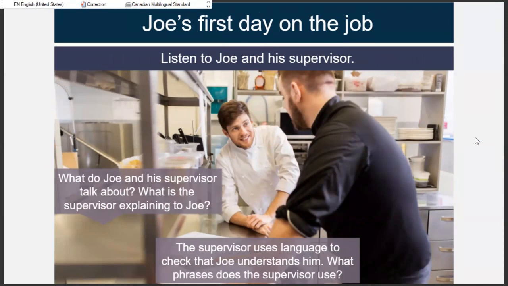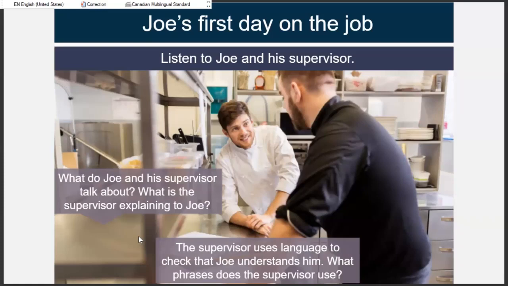And the other question you can check is that the supervisor, after he explained to Joey the hygiene principles in their restaurant, asked him a question at the end to make sure that he understood the point before he goes to another point.